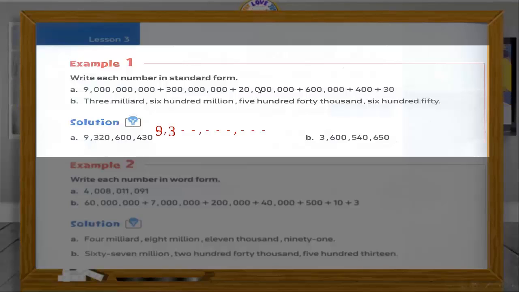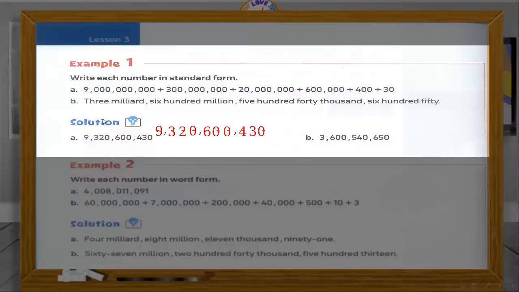Next one, 20 million: 2 in the 10 millions place, but what do we write in the millions place? Nothing, write 0. 600,000, write 6 in the 100,000 place. 400 here in the hundreds place, and what do we write in the tens and ones? 0, 0. 6,430: write 3 in the tens place, and in the ones place write 0.